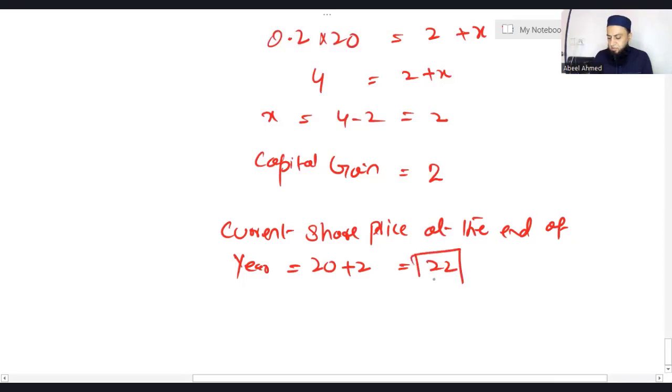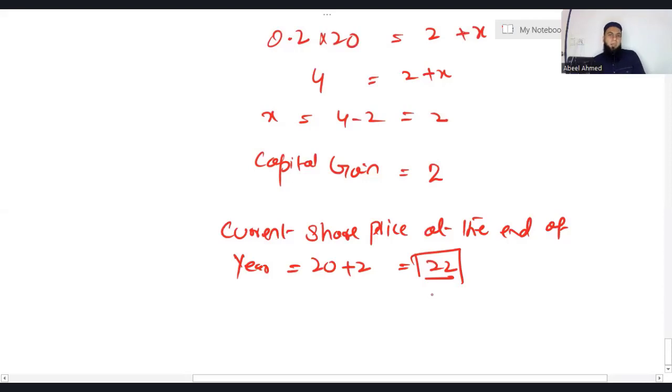So basically the current share price at the end of the year is 22. Because the difference between the share price at the end of the year and the share price at the start of the year is actually the capital gain. So I first computed capital gain, and then we simply added that capital gain to the current share price at the start of the year to get the share price at the end of the year.